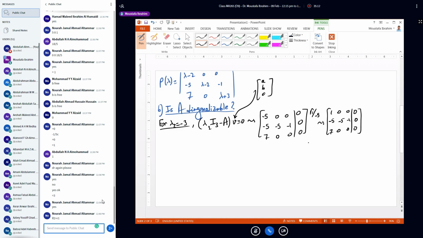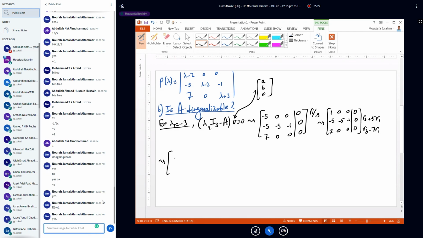R2 plus 5, right? And R3 minus 7 R1. So we will get 1, 0, 0, 0, 0, negative 5, negative 1, 0, and all zeros. And here R2 divided by negative 5 to have a leading 1.